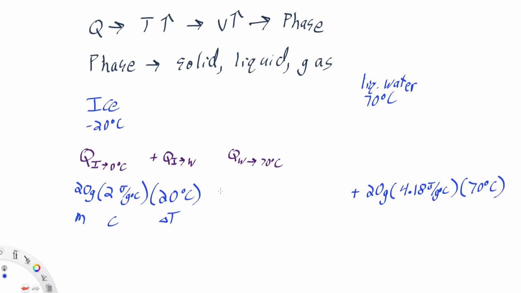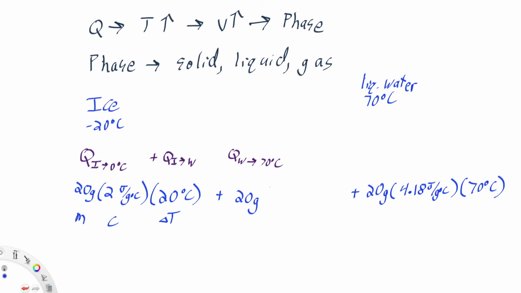And in the middle, that's where this new bit happens. The energy it takes to move 1 gram of 0 degree ice to 1 gram of 0 degree water is called the latent heat of fusion.